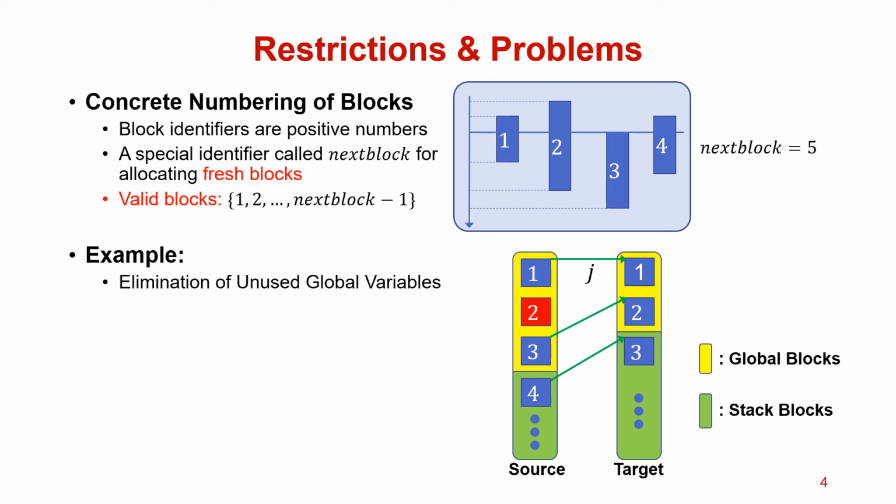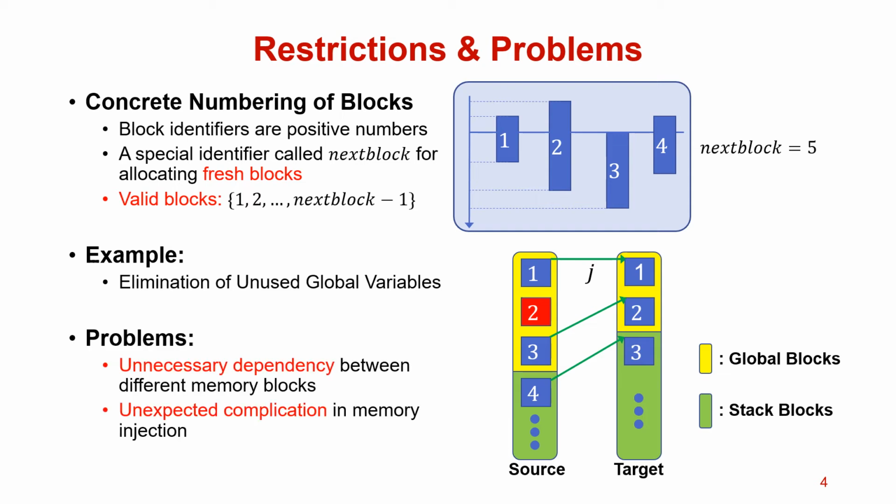The bottom right figure displays a memory injection for a compiler pass for eliminating unused global variables in CompCert. In this example, the second global variable is dropped from the memory. Because the target memory blocks must be numbered consecutively, all the source memory blocks allocated after block 2 must be shifted by -1, including the stack blocks which are not supposed to be touched by this transformation.